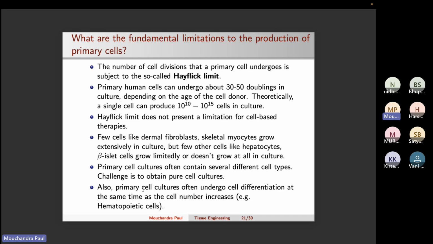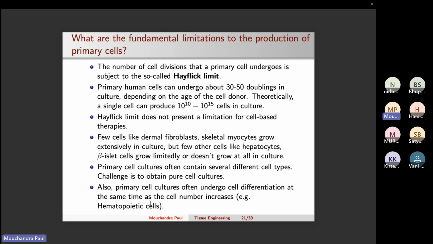Okay. Also, primary cell cultures often undergo cell differentiation, and at the same time cell number increases, like for stem cells. So stem cells, like hematopoietic stem cells, if you do in vitro cell culture, they will very easily differentiate. Okay, so first they will proliferate and then they'll differentiate.